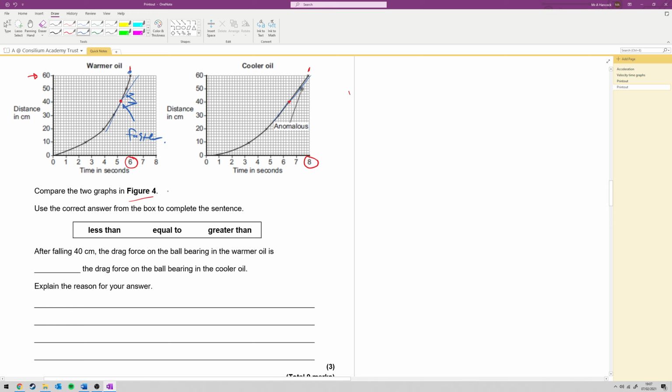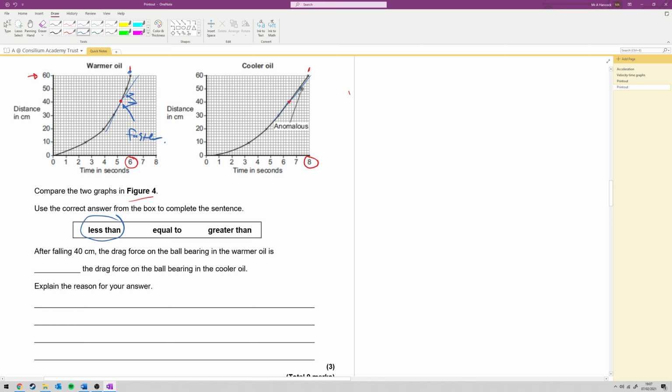So, if this ball is going faster, then the drag force at this point must be, well, you'd think it would be larger, but remember, it's not quite at terminal velocity yet, I don't think. It's a curved line. So because it's not going at terminal velocity, it must be less than.